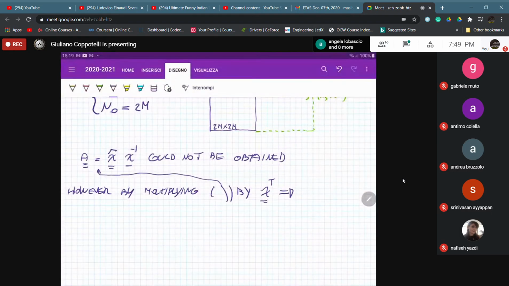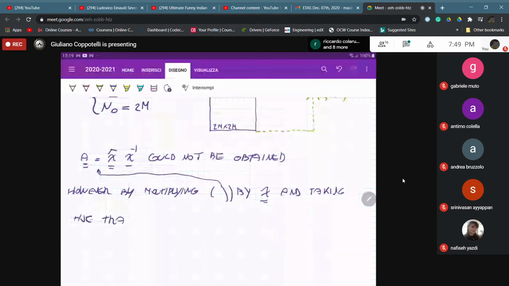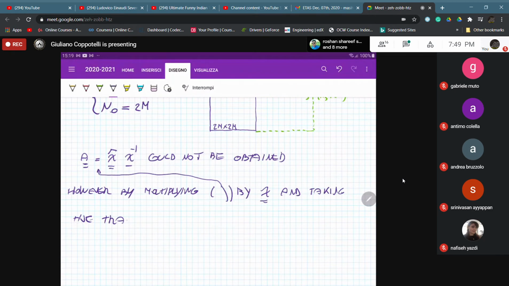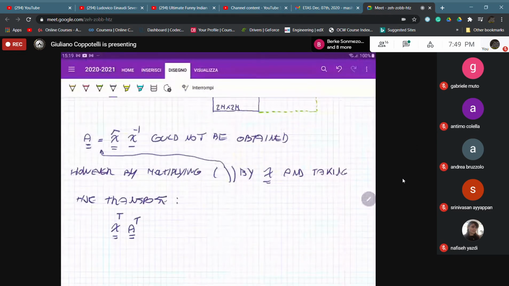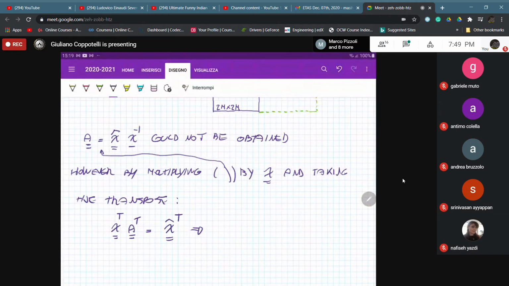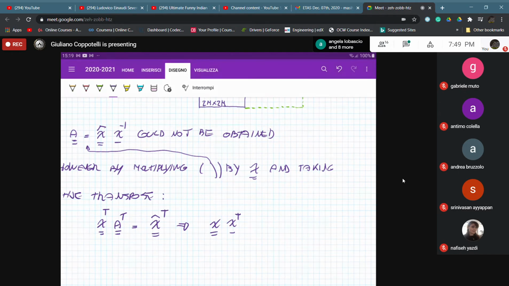Not just, I'm sorry, multiplied by chi matrix and taking the transpose, what we got is chi transpose A transpose equal to chi transpose, and then chi times chi transpose times A transpose equal to chi and chi transpose.